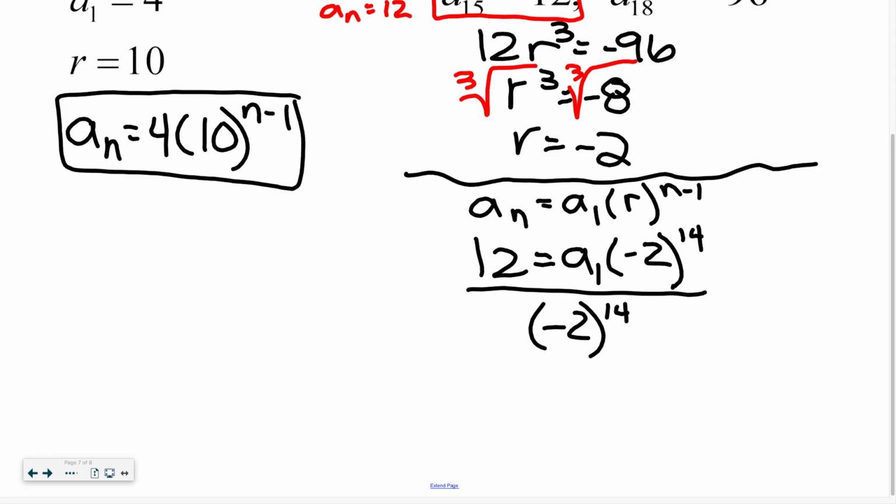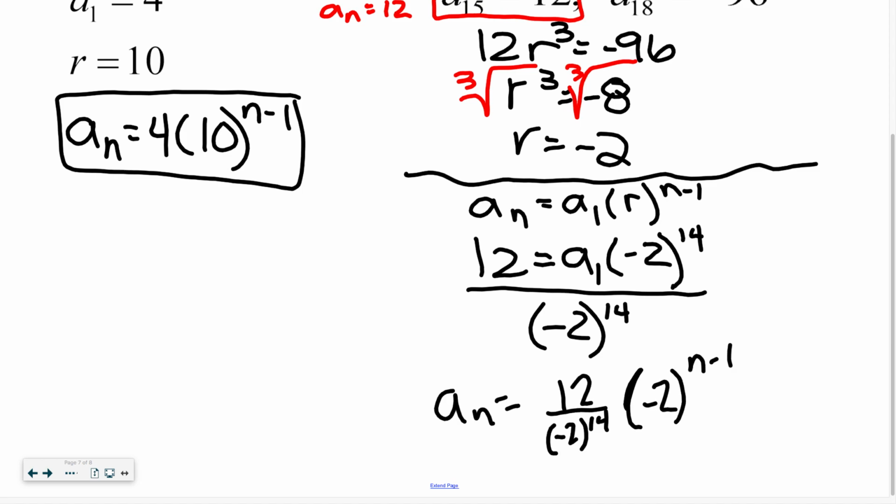That's a big number. I'm okay even if you want to leave it as negative 2 to the 14th. It's not going to bother me one bit. Then I can plug that in: a sub n equals 12 over negative 2 to the 14th times my r, which was negative 2, to the n minus 1.